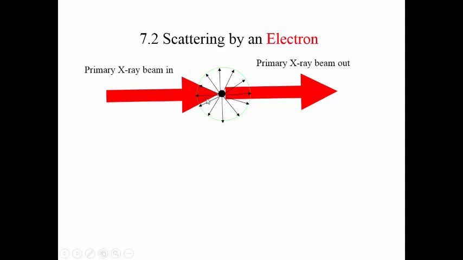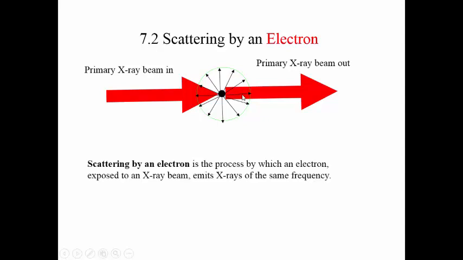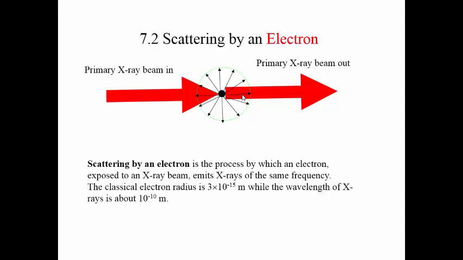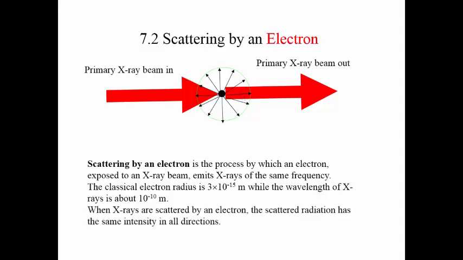Here's our beam coming in. It hits the electron. The electron pulsates or radiates with the same frequency as the incoming beam, and the rays come off equally in all directions. So here is the scattering by an electron, and the scattered radiation has the same intensity in all directions.